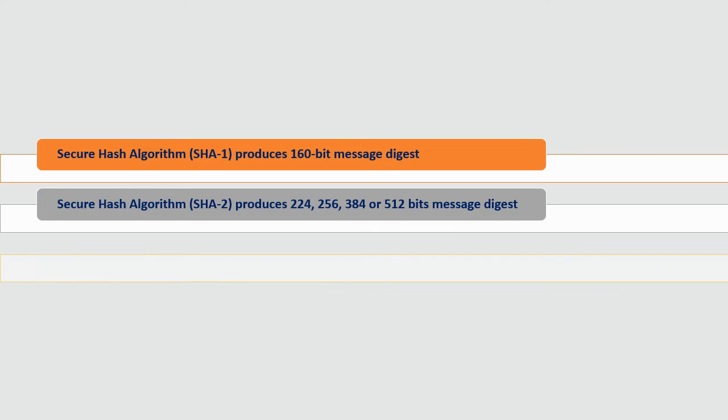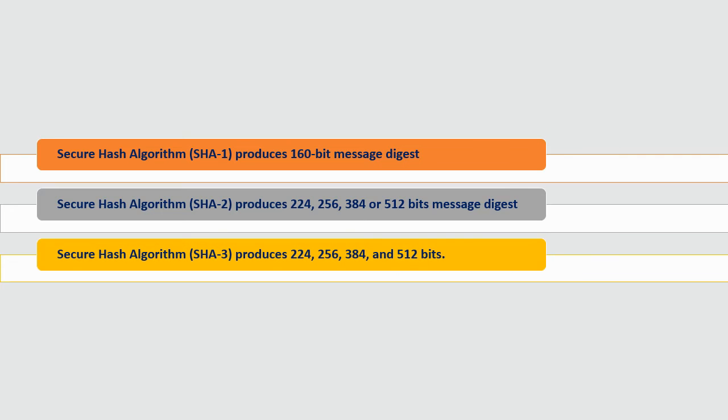Secure hash algorithm, SHA-2, produces 224, 256, 384 or 512 bits message digest. Secure hash algorithm, SHA-3, produces 224, 256, 384, and 512 bits.